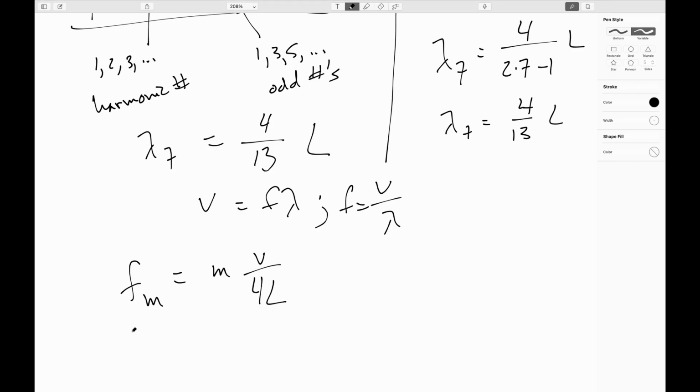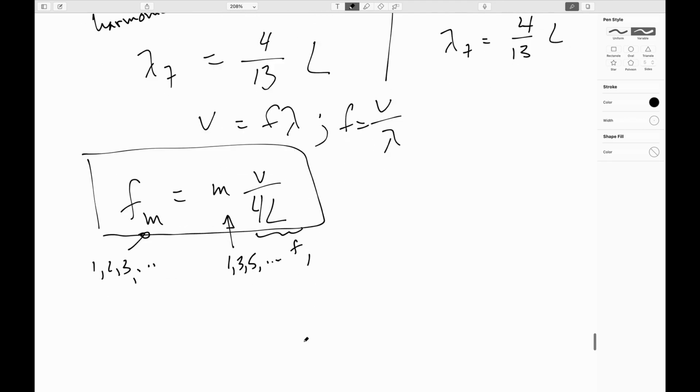And again, here, this m is going to be 1, 2, 3, and so forth, while this one will be the corresponding odd number, 1, 3, 5, 7, and so forth. And again, this bit right here will be the fundamental.